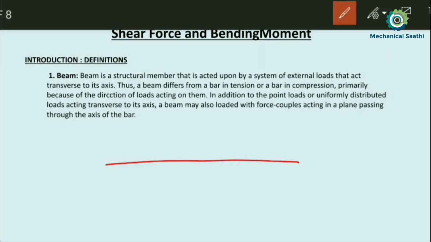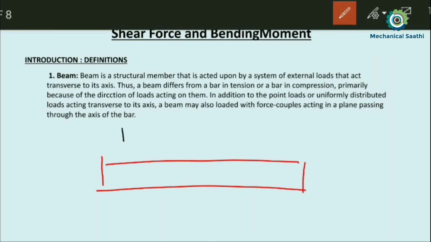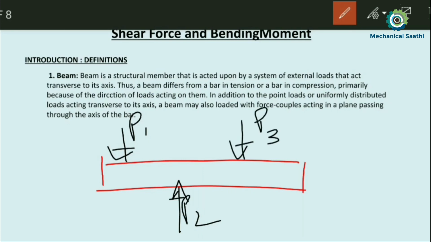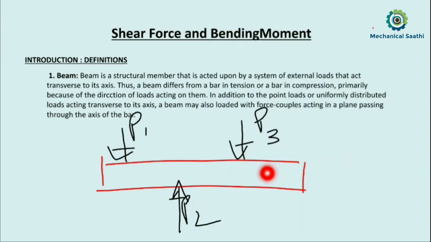Suppose I am drawing any structural member, and I am applying some forces. Let this be P1, this be P2, and this be P3. Here we can see that in this structural member we have applied three transverse forces, three perpendicular forces, that is, these forces are perpendicular to the axis of this structural member.